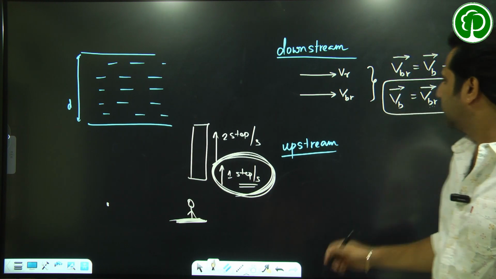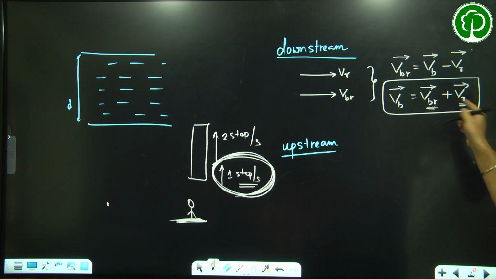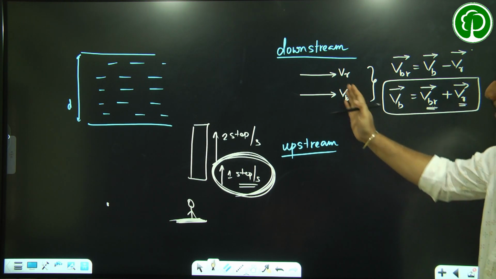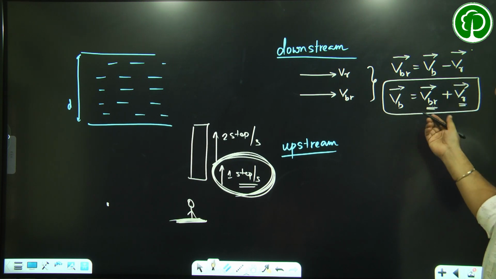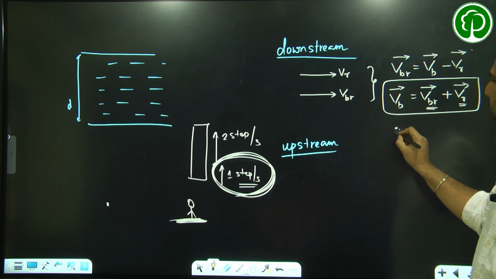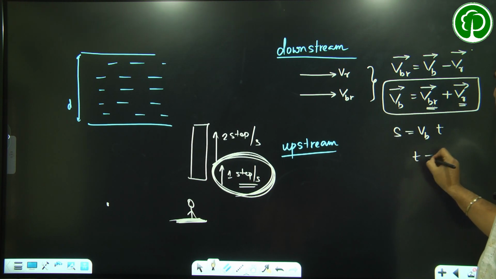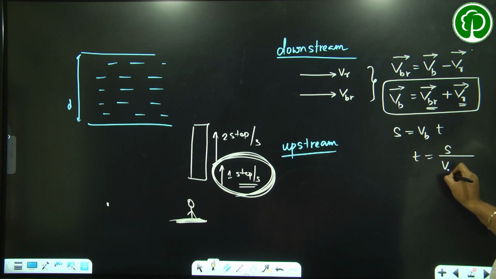In that case, as seen by the ground, velocity of the boat with respect to river and velocity of the river both are added, and so you can find out the time in which the boat covers a certain distance, say certain distance s, that is equal to VB into T. So time would be equal to S by VBR plus VR.